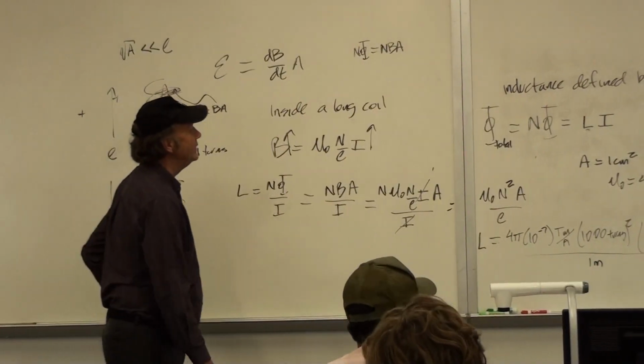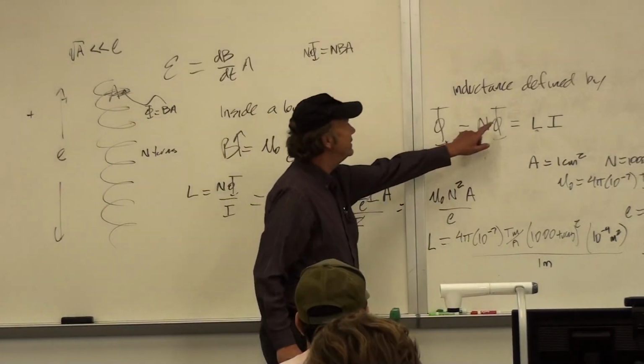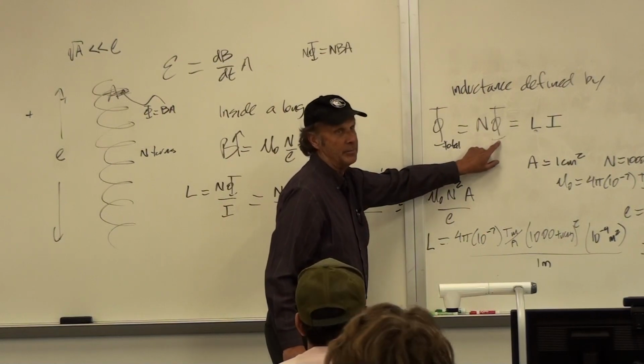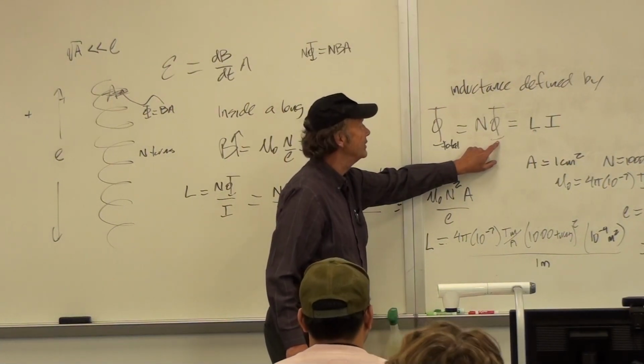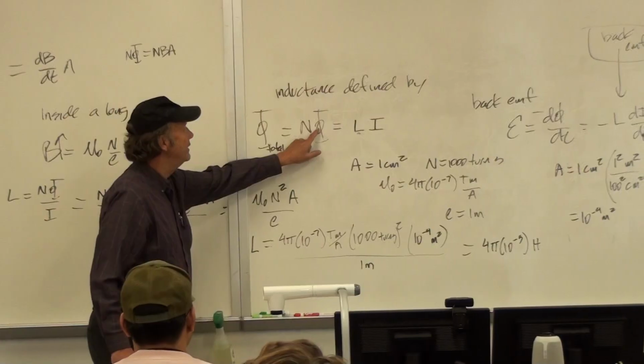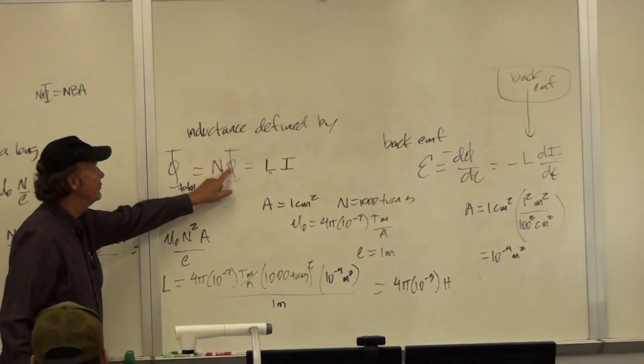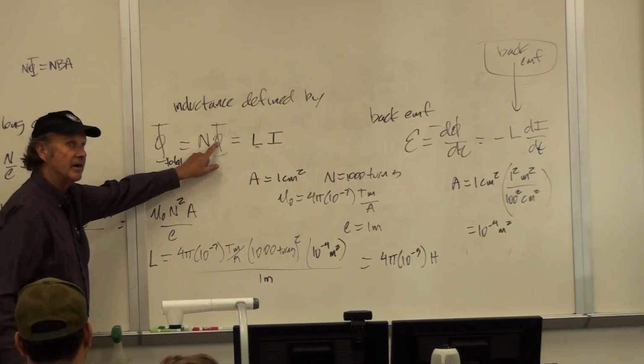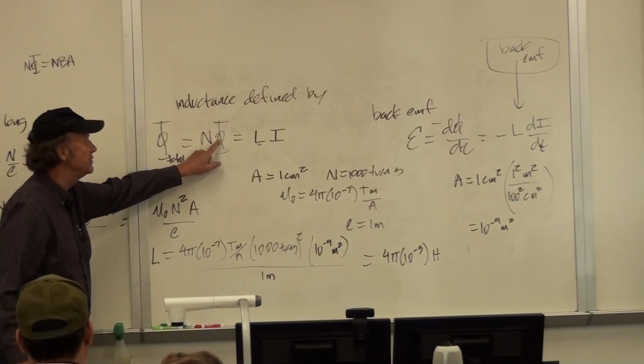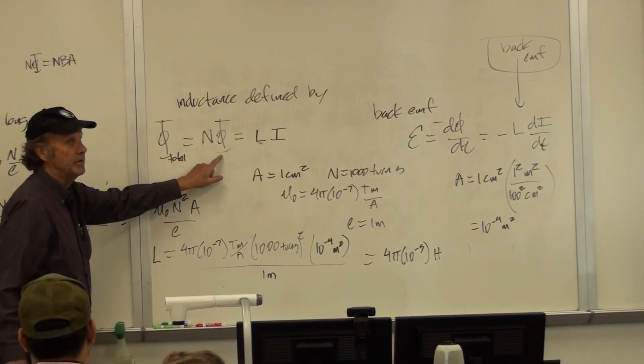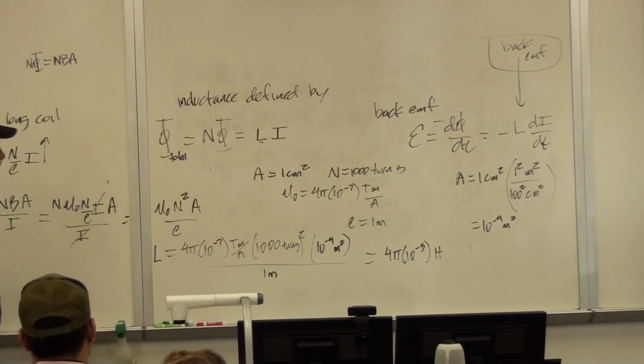Okay, and so what are those in terms of more basic units? Well, it's going to be Tesla meter squared per amp, right, from this expression. Because Tesla is the unit for magnetic field times meter squared. So that's units of flux: Tesla meter squared divided by amp is a Henry.